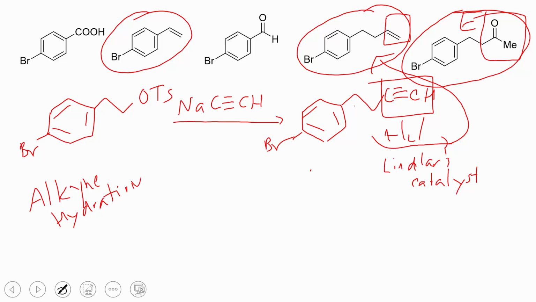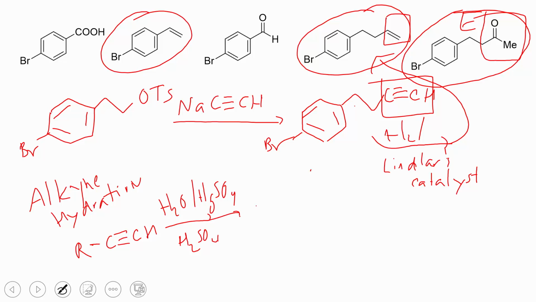And in alkyne hydration, we just take a terminal alkyne, treat it with water, mercuric sulfate, and sulfuric acid, and that converts this to the methyl ketone via the enol intermediate, okay?